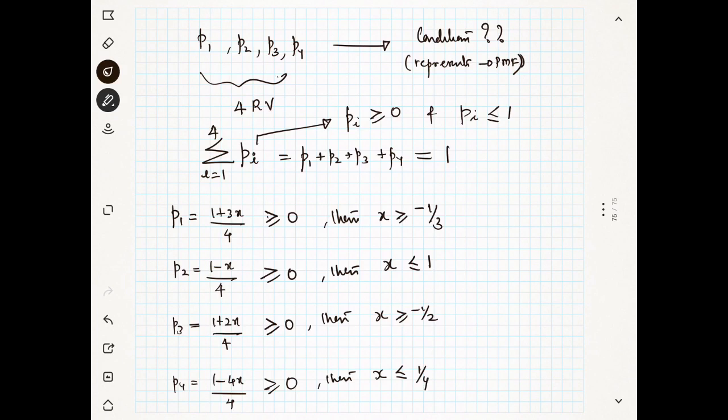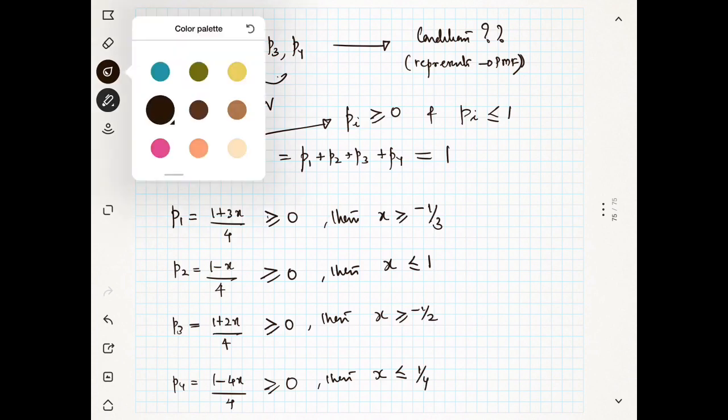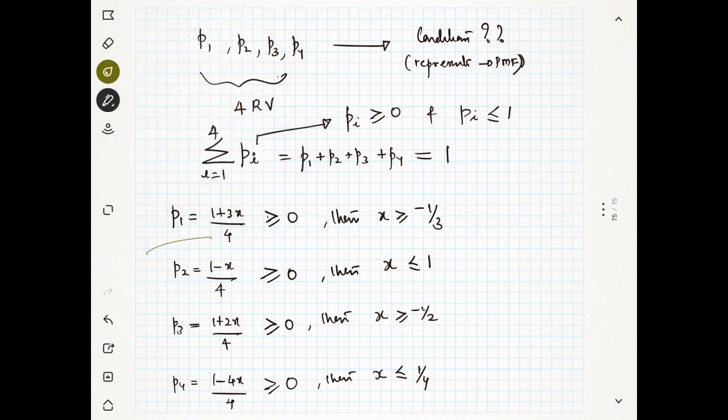Now you can see in all the probabilities there is a factor of 1 by 4. So whatever be the value of x, since there is a factor of 1 by 4 in the first probability, let's say it's p1, this is p2, this is p3, everywhere you can see 1 by 4.